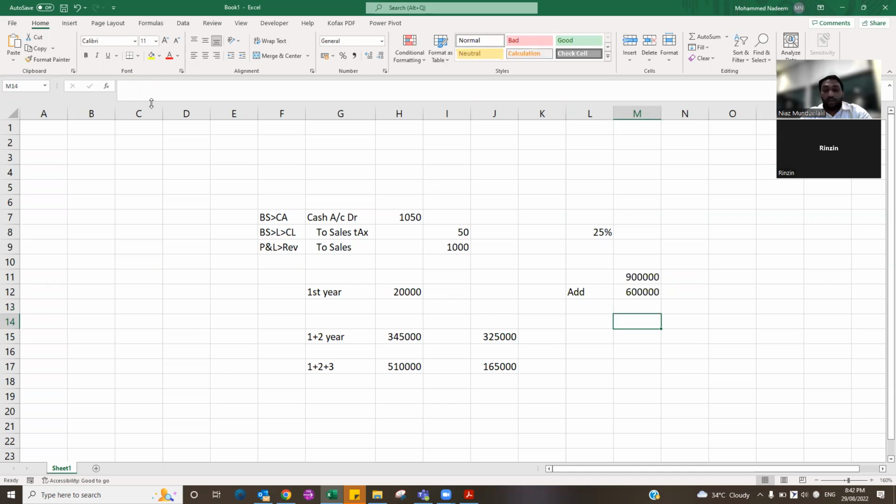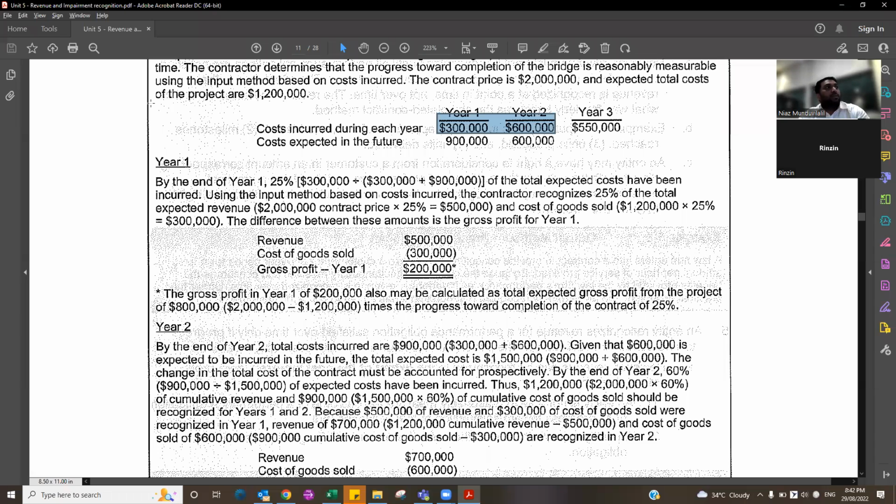So ultimately, the cost of the project will be 1.5 million. Got it? He was expecting a cost of 1.2 million. But when he reached the second year, he understood that the cost will not be 1.2 million, it will be 1.5 million. Got it?